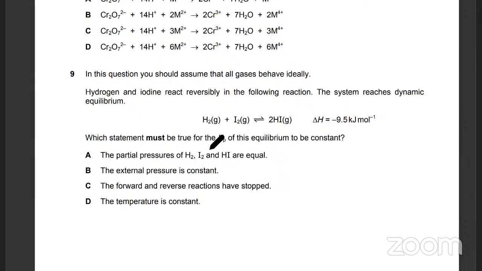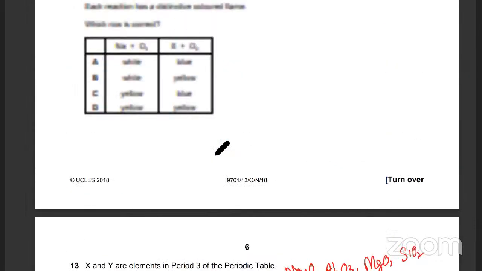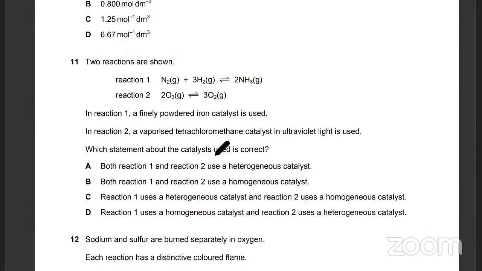If you want to keep Kp constant, should the partial pressures be equal or not? Sir, I think we have missed the questions. It's 9. I'll just show you this one. I think I've missed this one.